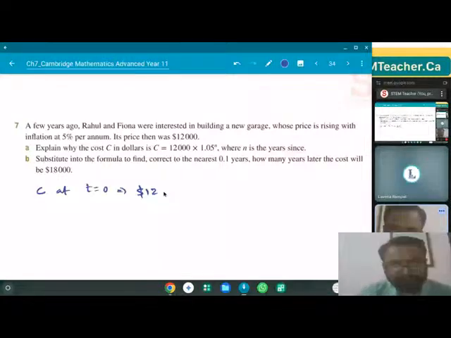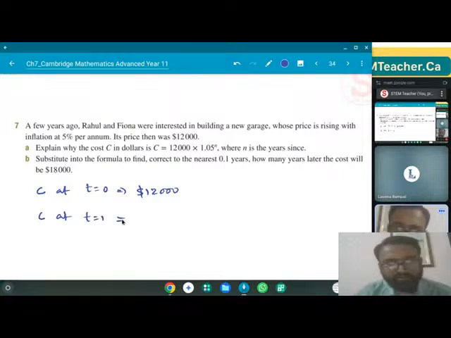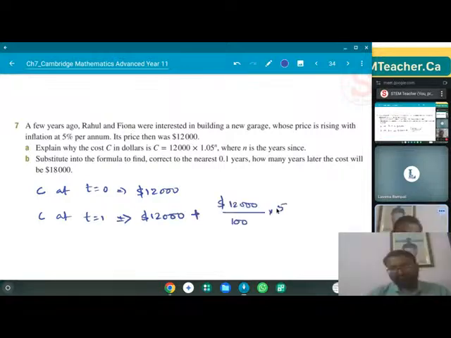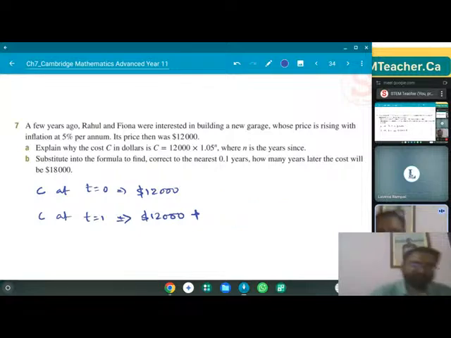After 1 year, the cost will increase by 5% of this, or in particular 12,000 into 0.05.